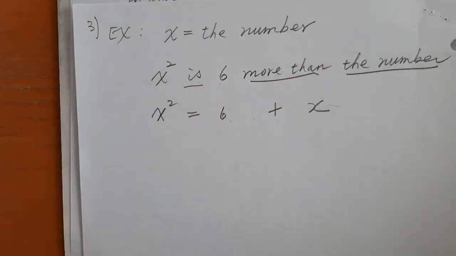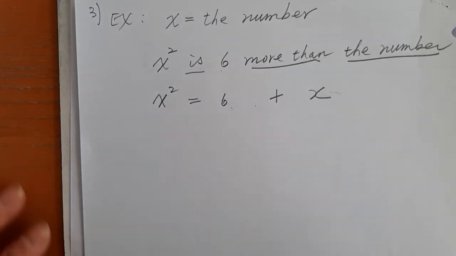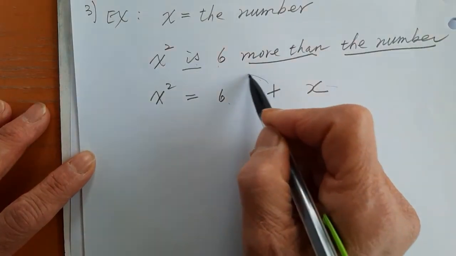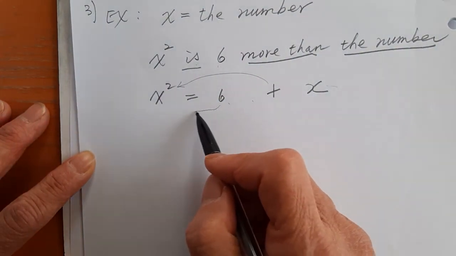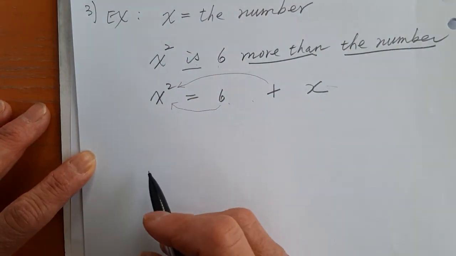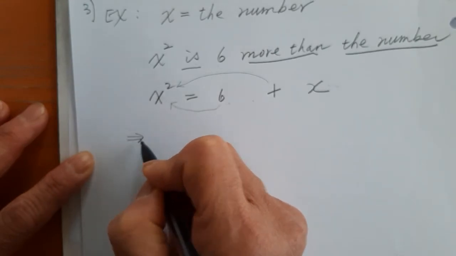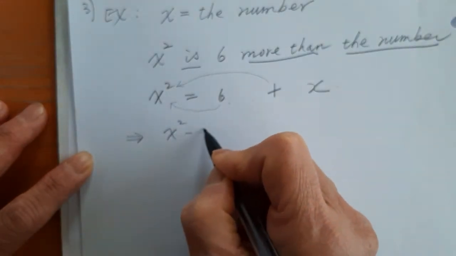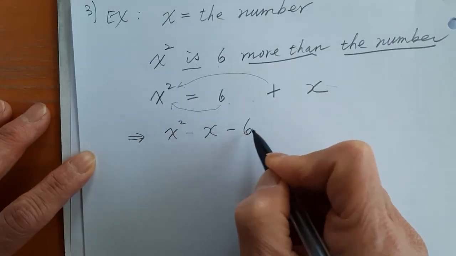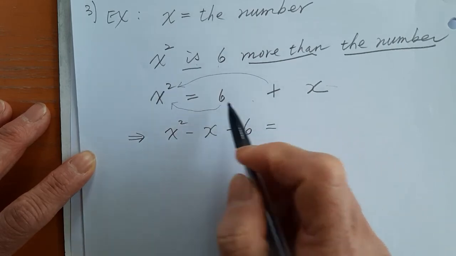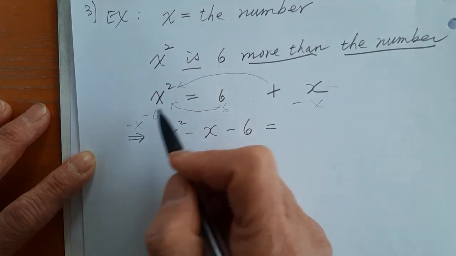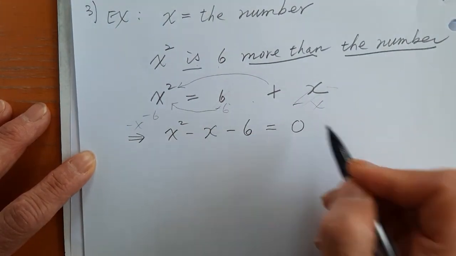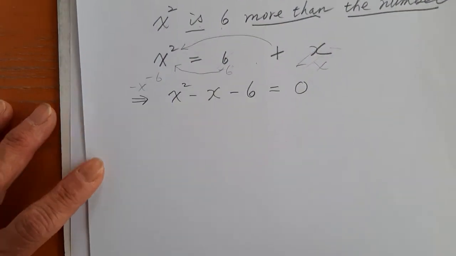So I have to minus x, or the quick way, move over and change the sign. Minus 6, quick way, move over to the left and change the sign. So we get x squared minus x minus 6 equals minus 6 minus x. They cancel, so the right side is 0. Then factor it.